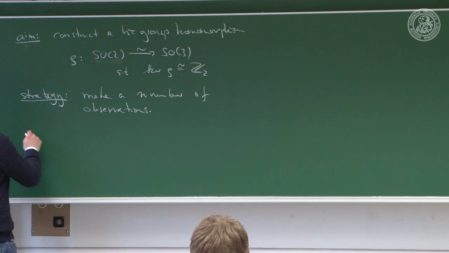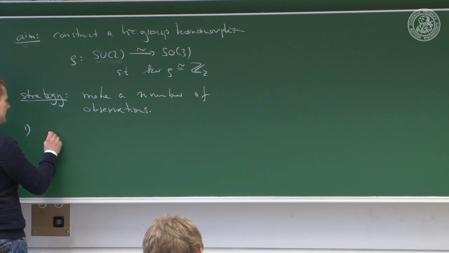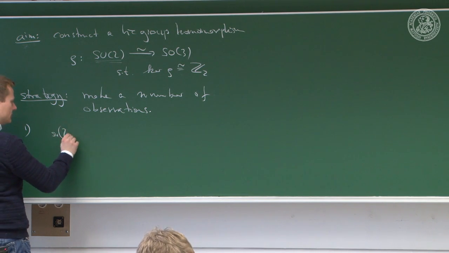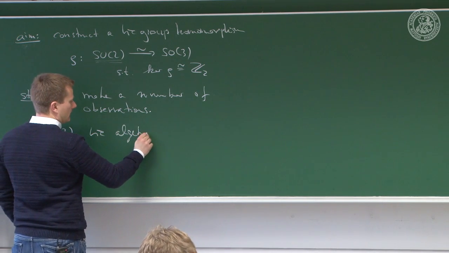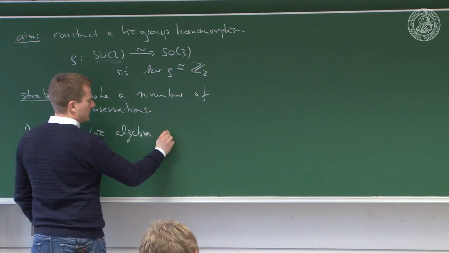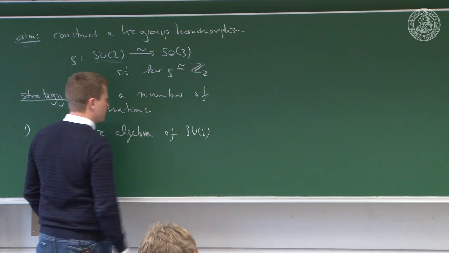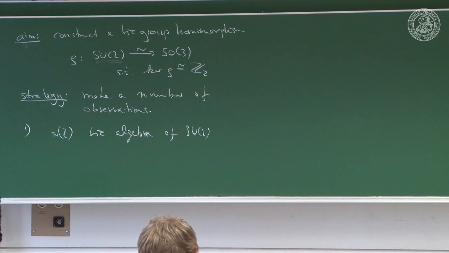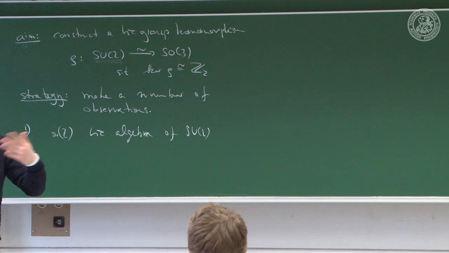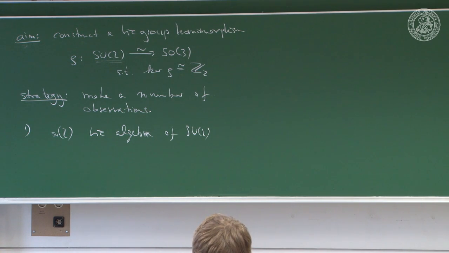So the first question is, what is actually the Lie algebra, little su2, of SU2? Well, you know that is a very long calculation if you want to do this properly in a differential geometric spirit, and I provided that to you in one of the previous lectures.